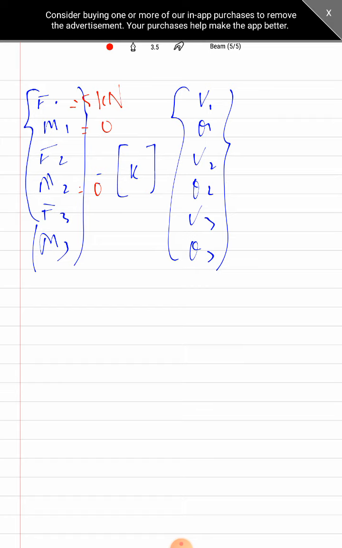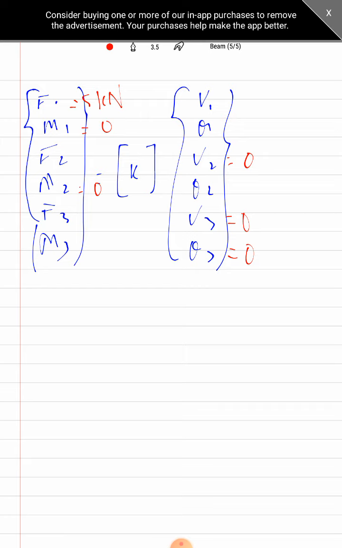And then you have V3 0, theta 3 also 0, and another one, V2 at the roller is also 0, right?